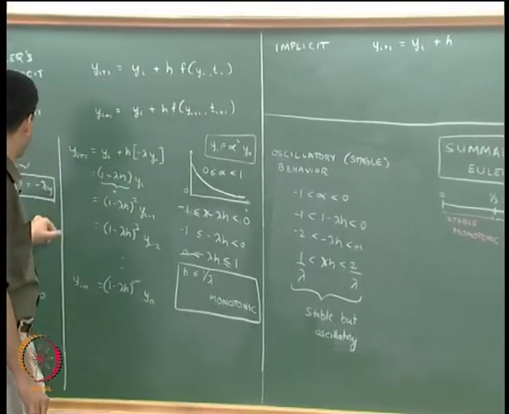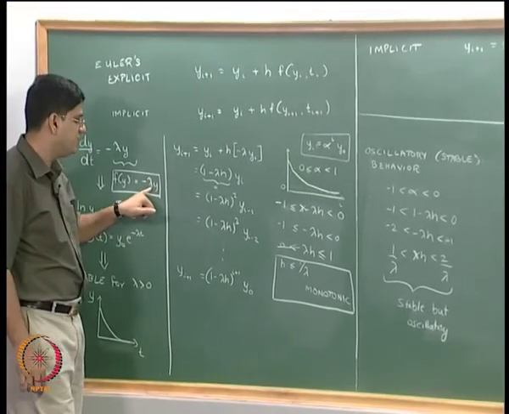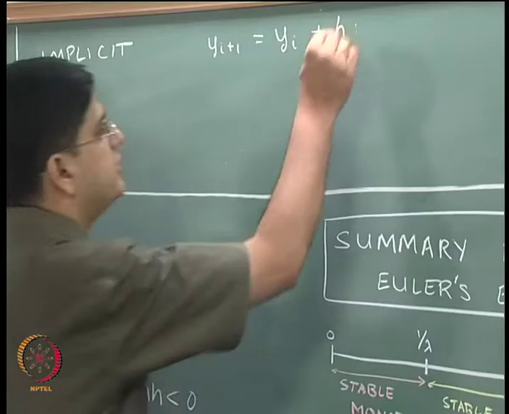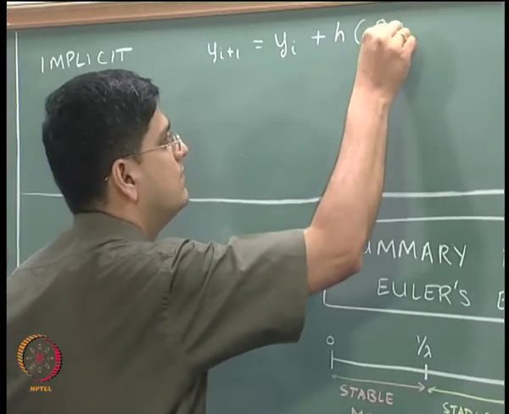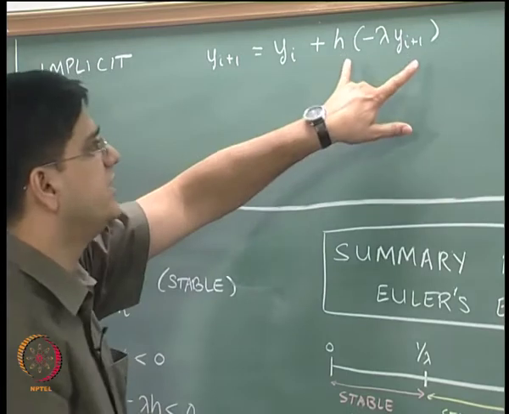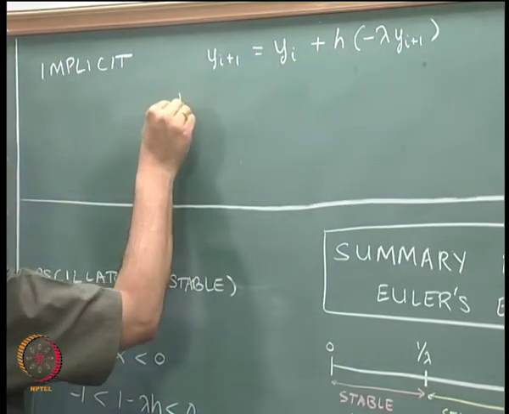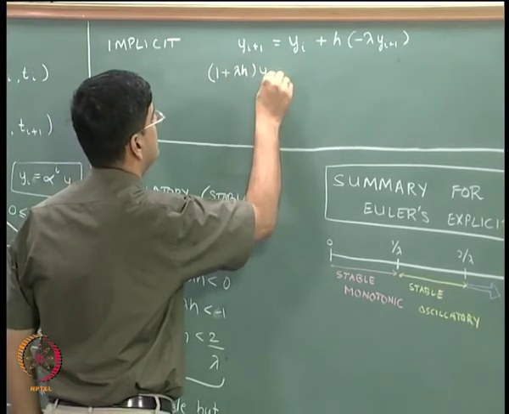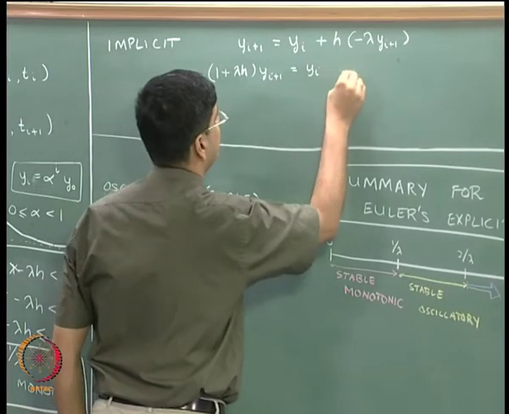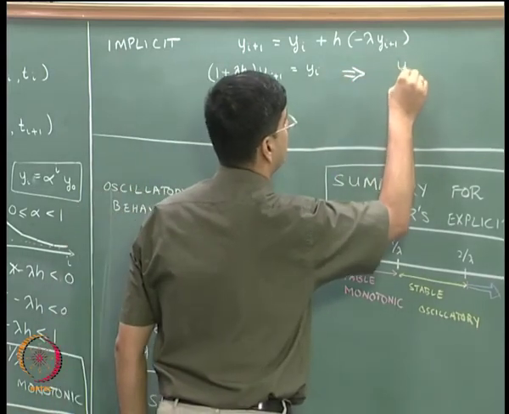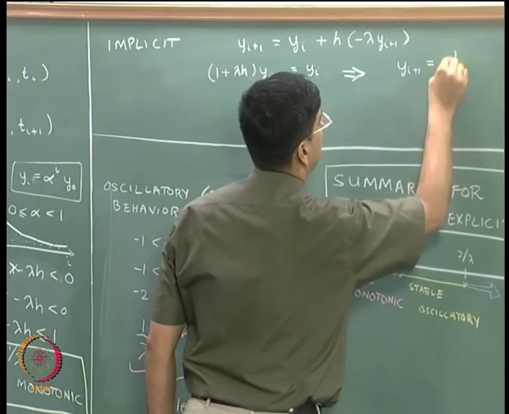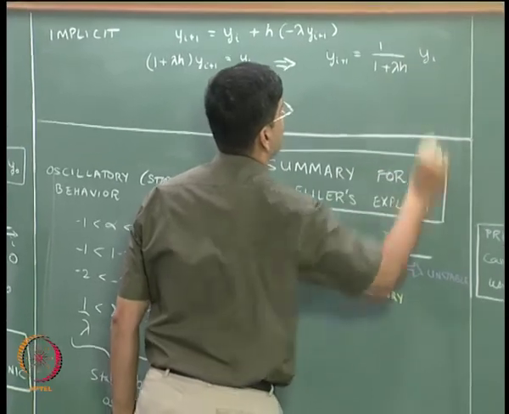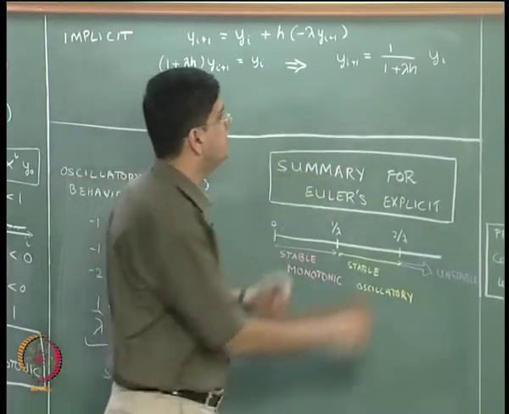And f of y_{i+1} is nothing but negative lambda multiplied by y_{i+1}. So, we will write that down. And we will take this term onto the right hand side and we will get (1 plus lambda h) multiplied by y_{i+1} equal to y_i, which is going to give us y_{i+1} equal to 1 divided by (1 plus lambda h) multiplied by y_i. So, this is the value of alpha.